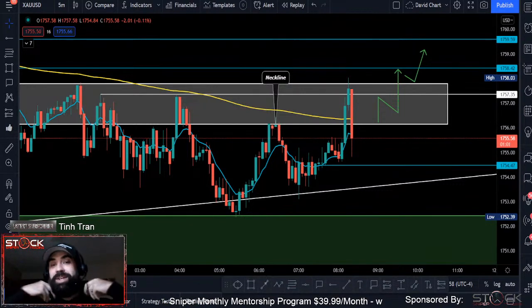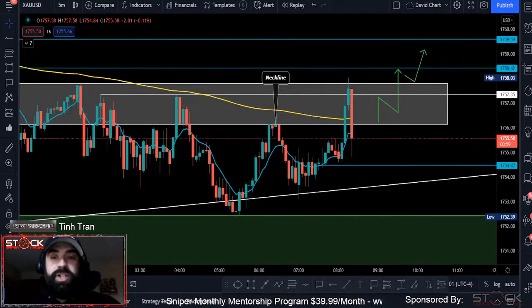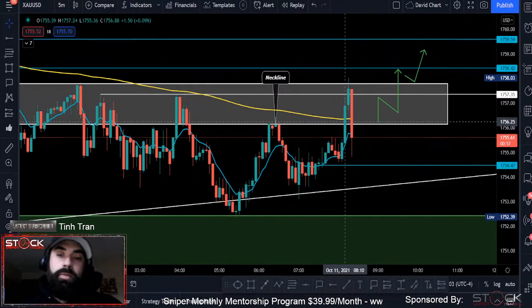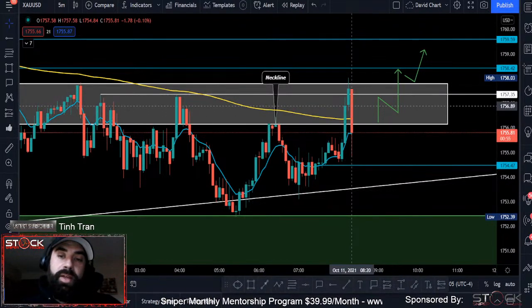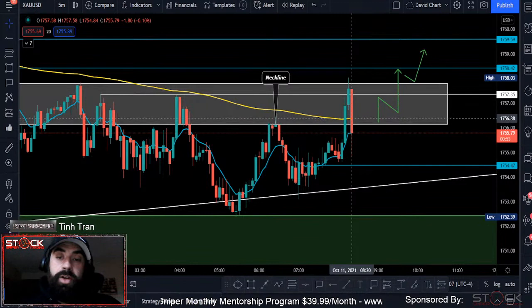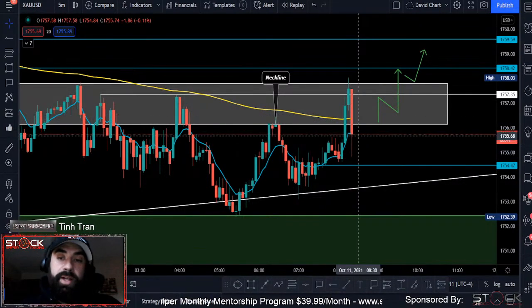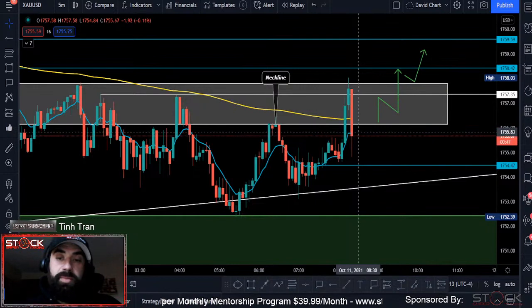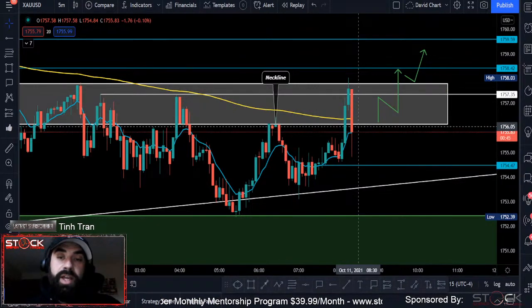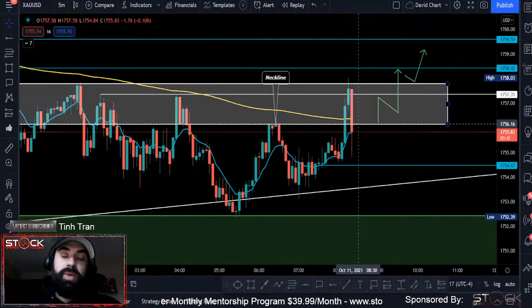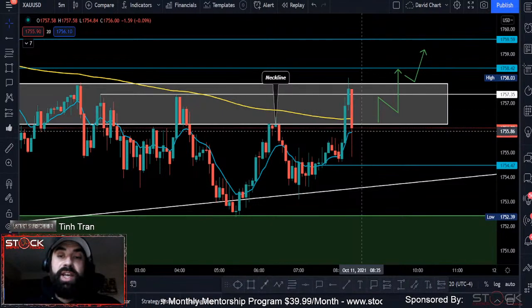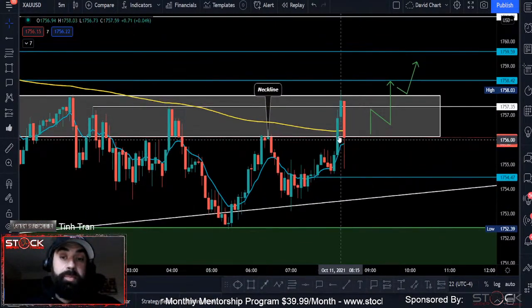Sorry about that, guys. If you were in that buy, like I said, and you're using your normal lot sizes, that retracement here would have wiped right through and you actually would have been in negative. Standard lots and stuff like that can be heavy on the account. So like I said, that's why I mentioned smaller lot sizes just in case something like this does happen.